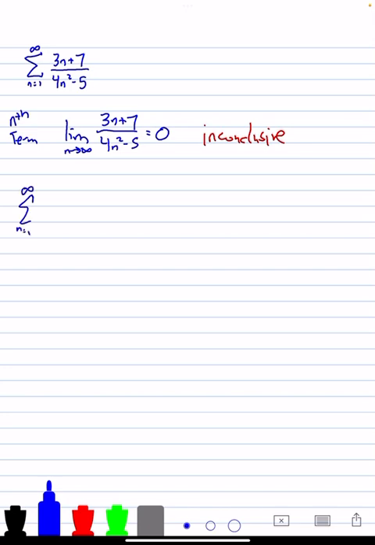So next, we want to use the ratio test. Let's use the ratio test here. I'm going to erase this one, and let me write this out here. So the ratio test, once again, we let the limit as n approaches infinity, and we replace n with n plus 1. And remember, we divide by the original.